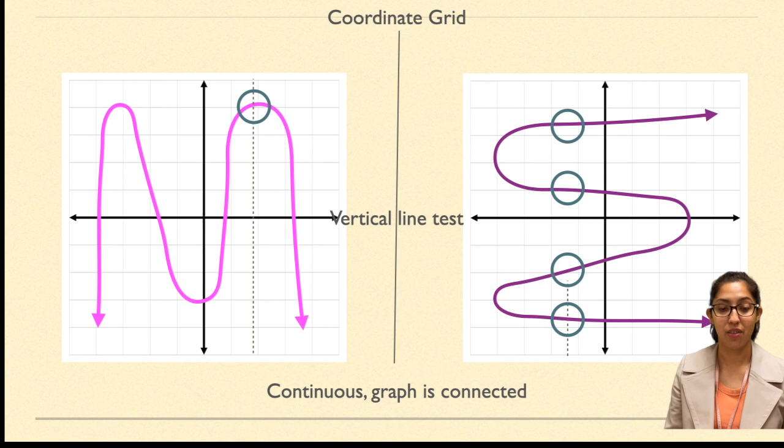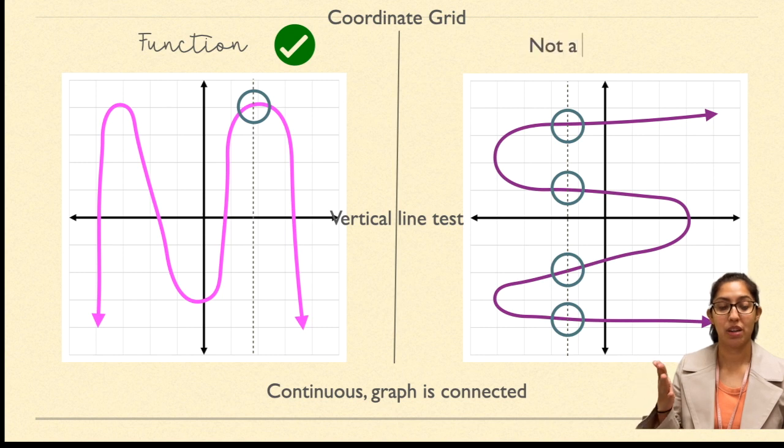But on this other graph, if I look, I drew a straight line up and down and it touched 1, 2, 3, 4 times. So that means that is not a function. So this pink one is a function. This burgundy-ish one is not a function. So no, not a function.